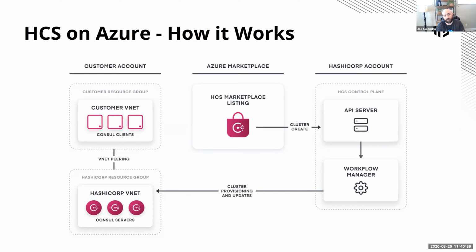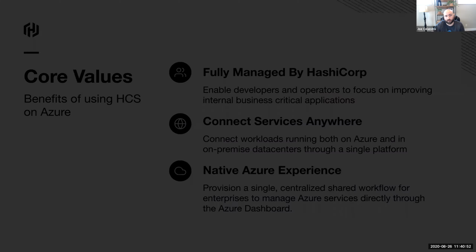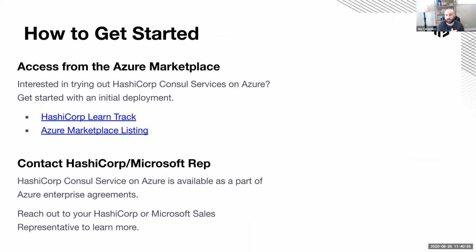That is, of course, after peering the HCS VNet with your hub and spokes. That is detailed out pretty well in the Learn track that I link here as well. Kind of really gets you started on the deployment process.